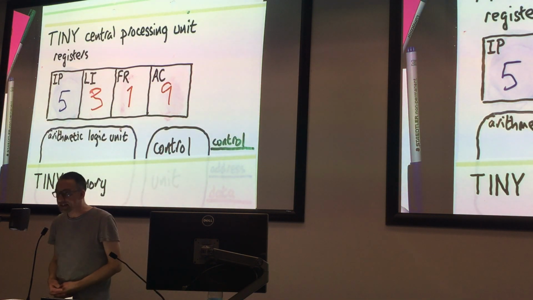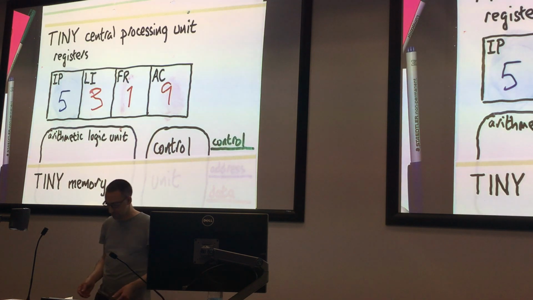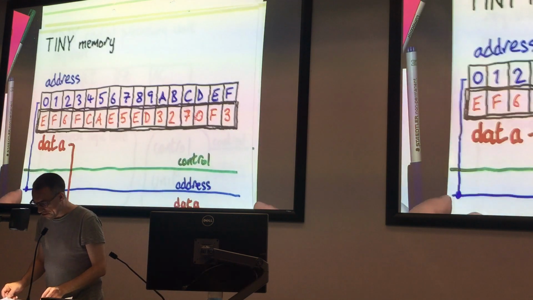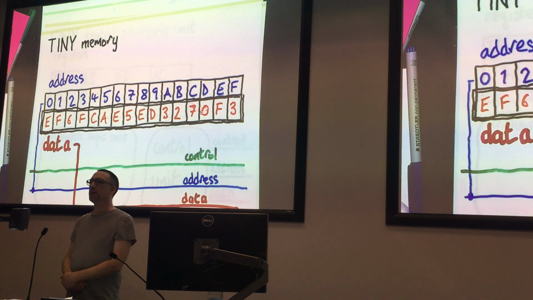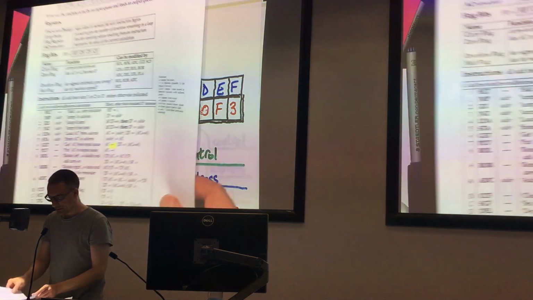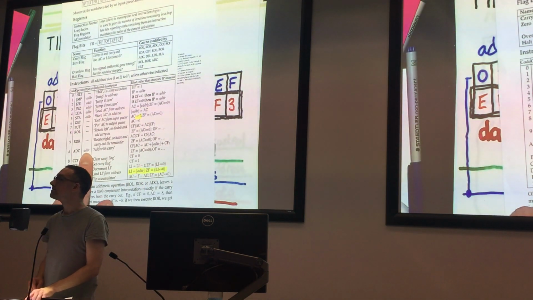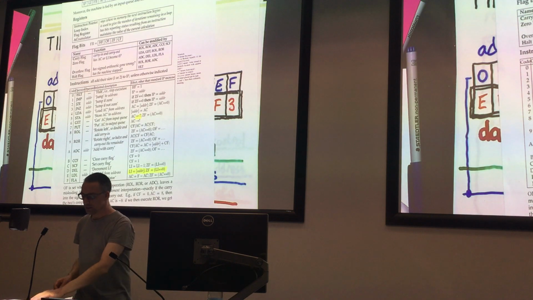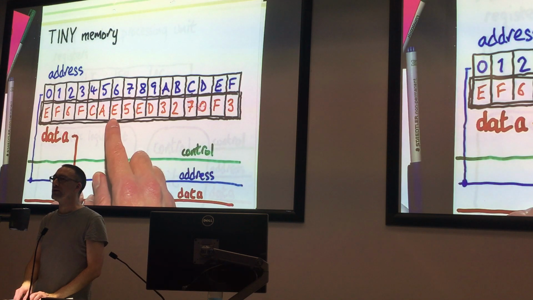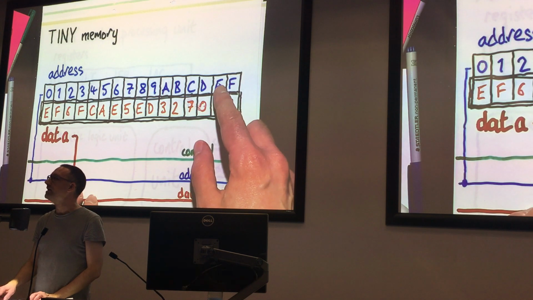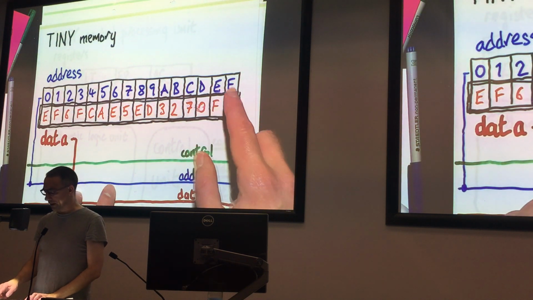It's going to come from location 6, straight after the operator. So, what value will be fetched? E. And what does that represent? It represents an address. So we're not going to add E. We're going to add the value that is stored in memory location E. And that value is F.